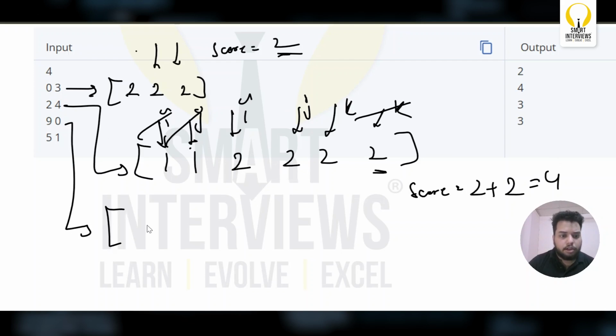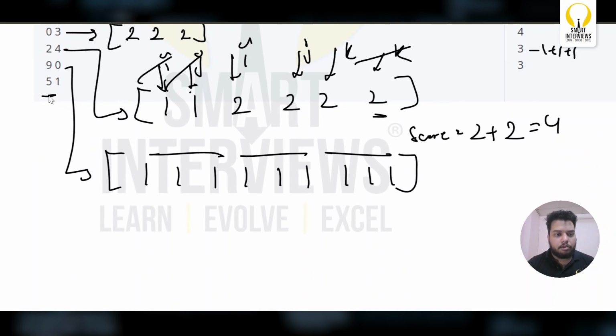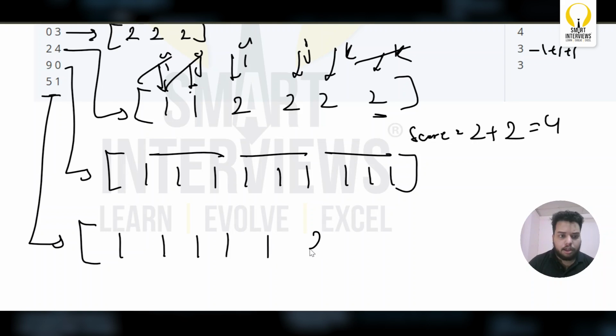Coming to the next one, if you have all 9 ones, these 3 I can take, these 3 and these 3. So 1 plus 1 plus 1, output is going to be 3. But coming to the last, if you have 5 ones and 1 two, these 2 can be my i and j, and this can be my k.